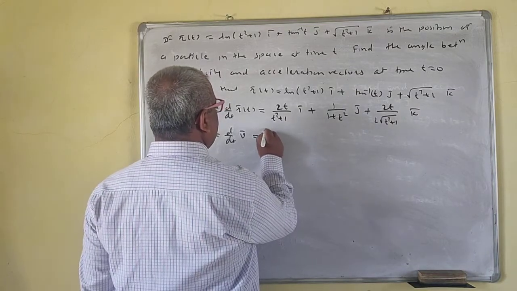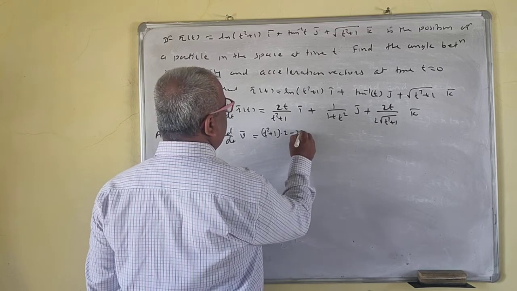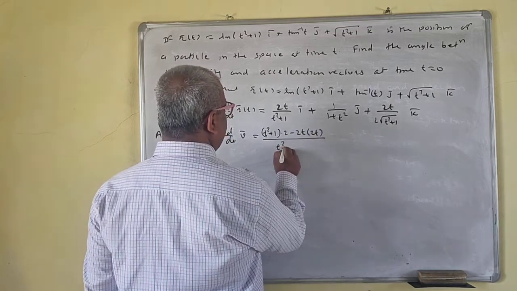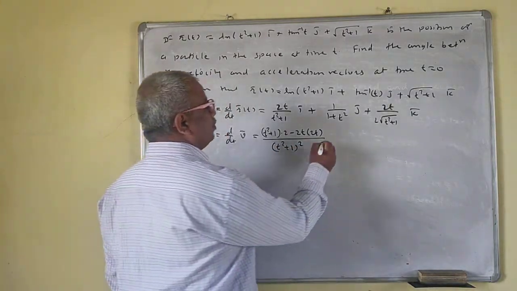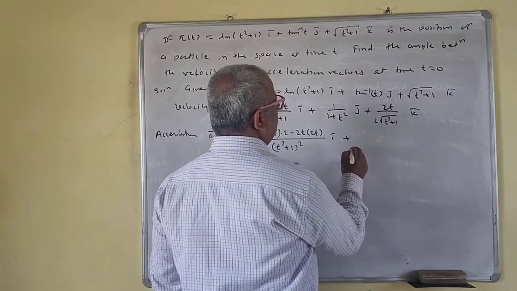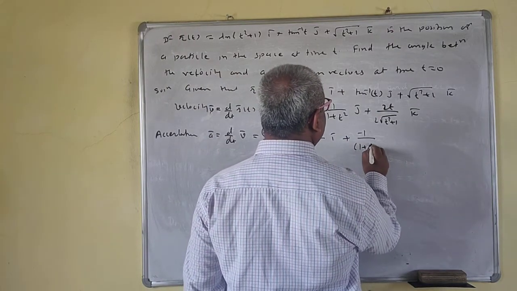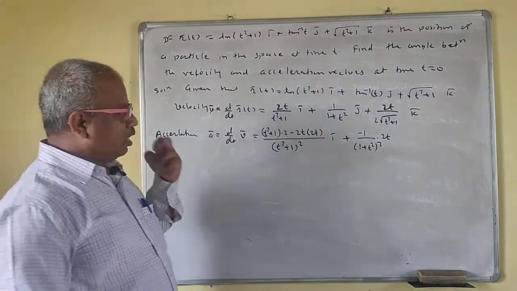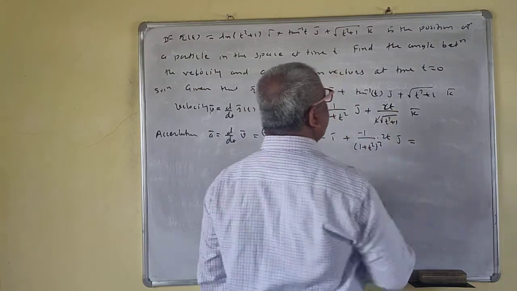So this is t square plus 1 into 2 minus 2 into t into 2t, upon t square plus 1 whole square. This is your i bar. Plus minus 1 upon something into the derivative of something, that is 2t j bar, where the 2 gets cancelled.